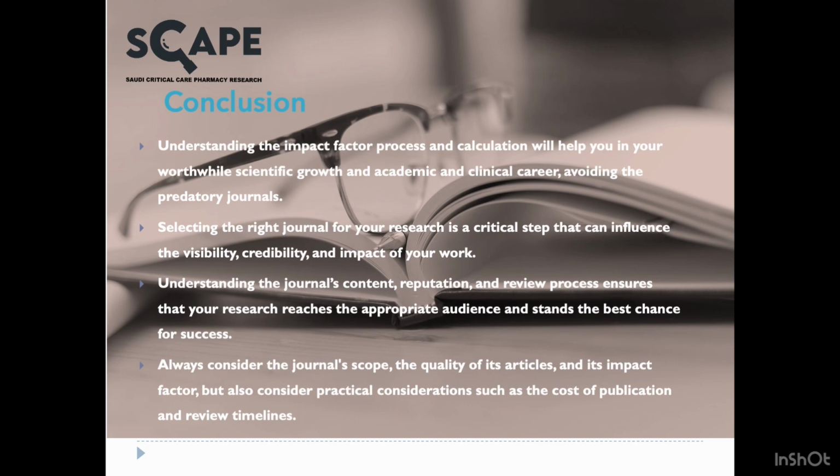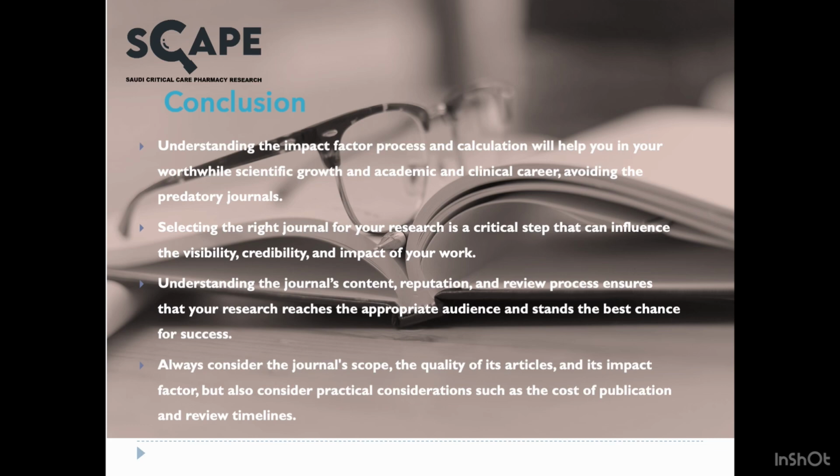So, in conclusion, understanding the impact factor process and calculation will help you in your worthwhile scientific growth and academic and clinical career. Avoid predatory journals, please. How do we know a predatory journal?